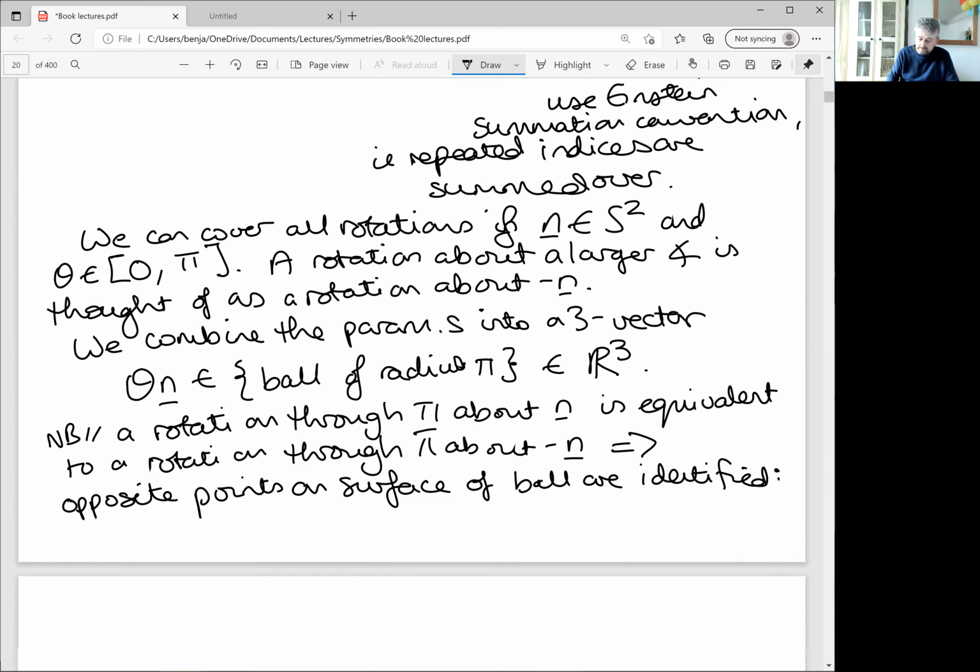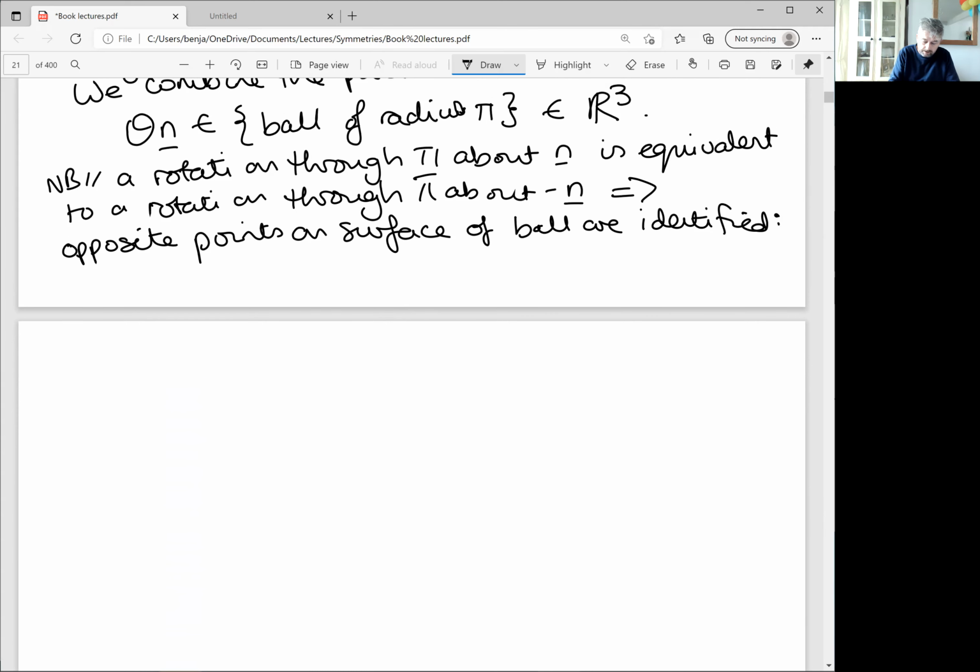So if I draw a picture of this, we think of this in R cubed, we have some ball.